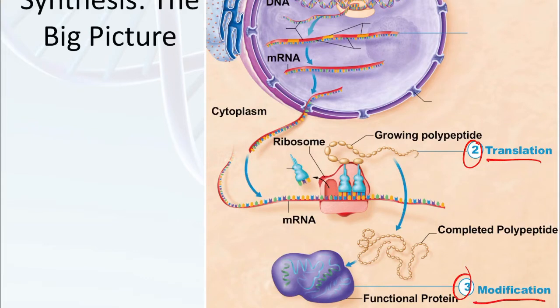Okay, transcription is going to happen in the nucleus, and the whole point of transcription is using the DNA to make messenger RNA. Okay, that messenger RNA is going to make its way out of one of those nuclear pores. It's going to meet up with a ribosome, right? It gets fed right into this ribosome. Okay, the ribosome's right here.